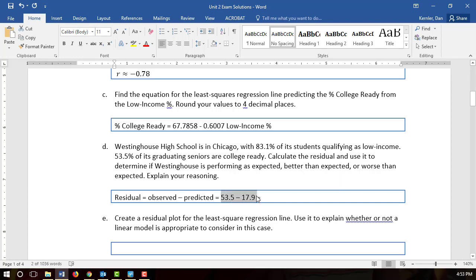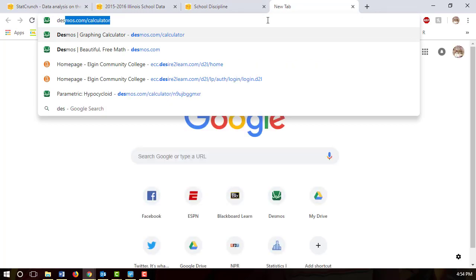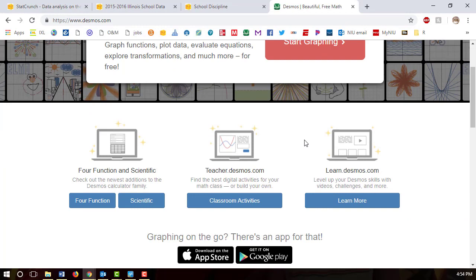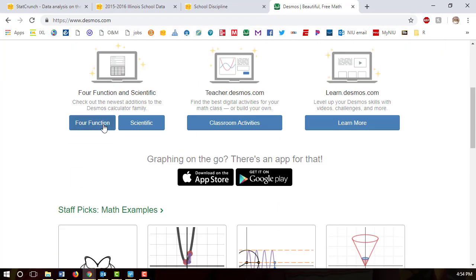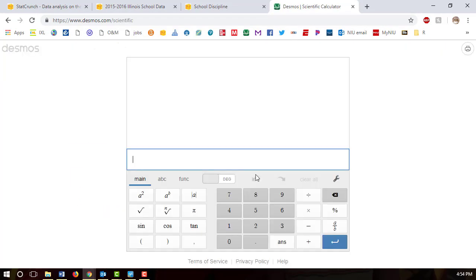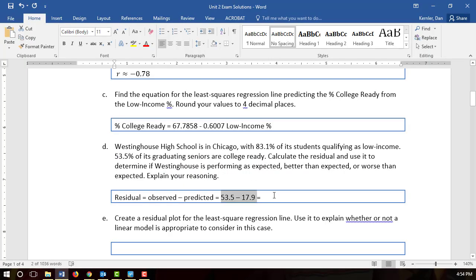I did not have a calculator handy. Let me do that. Desmos. Oh, it's not that one. It is not graphing, but scientific. That's the one. All right. So 35.6 is the residual.